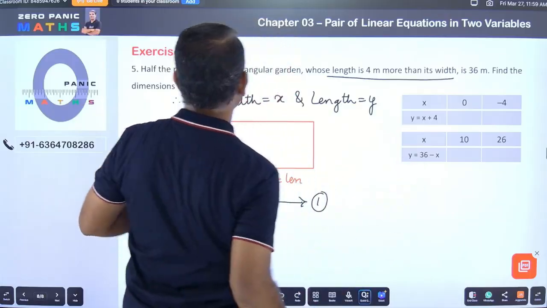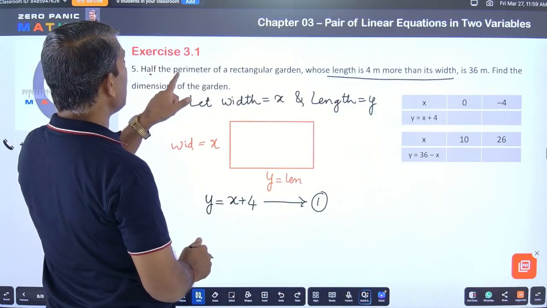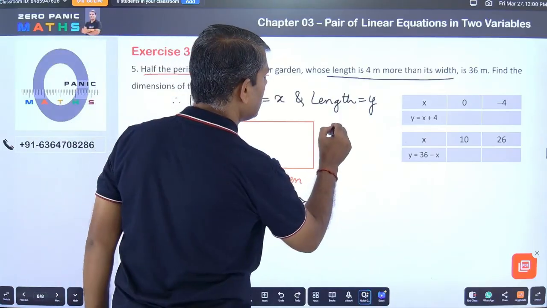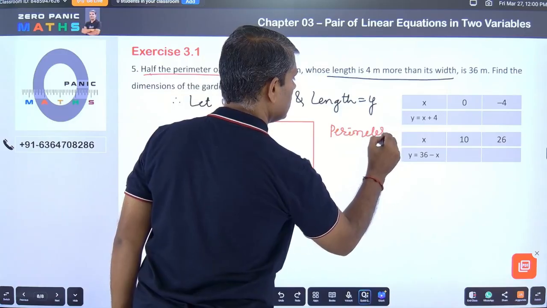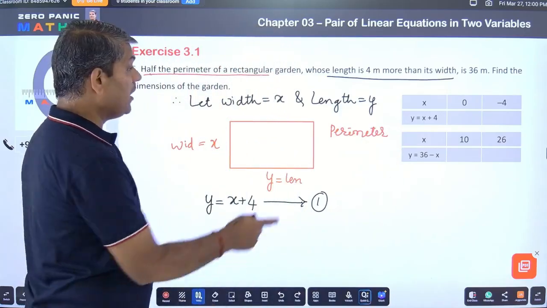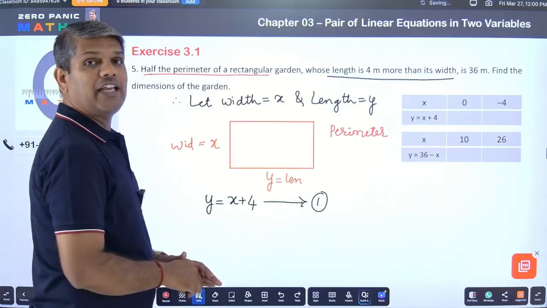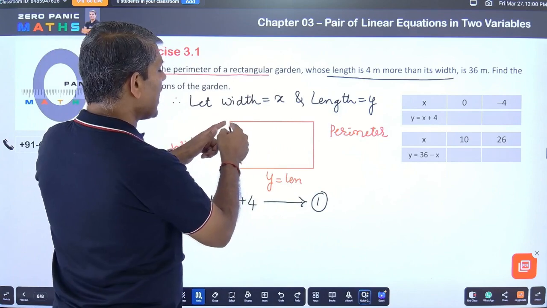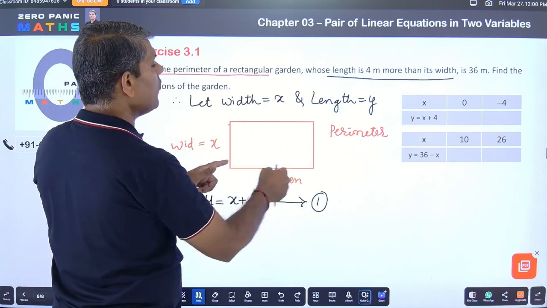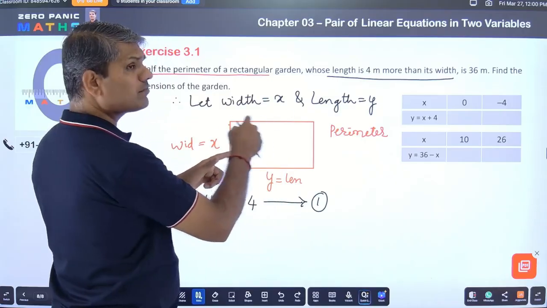Now what else is given? The half of the perimeter. What is perimeter? The perimeter of the rectangle is the sum of all the sides of the rectangle.